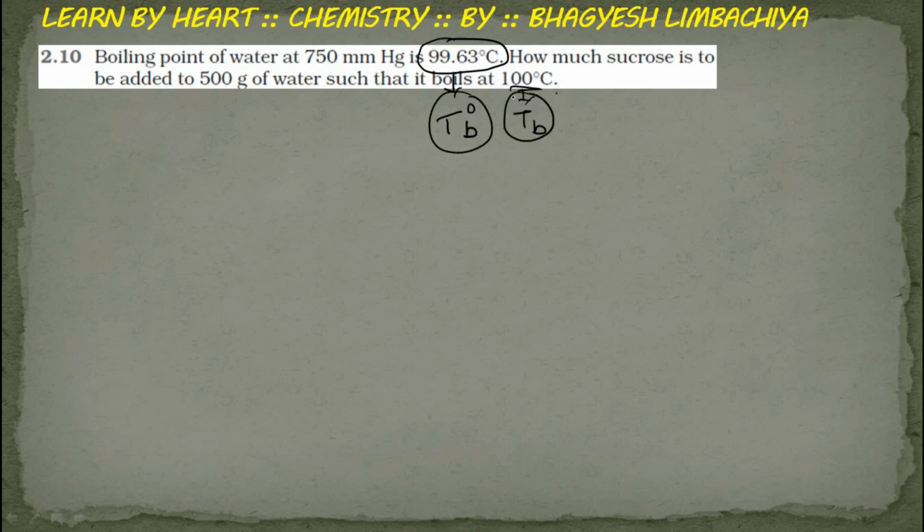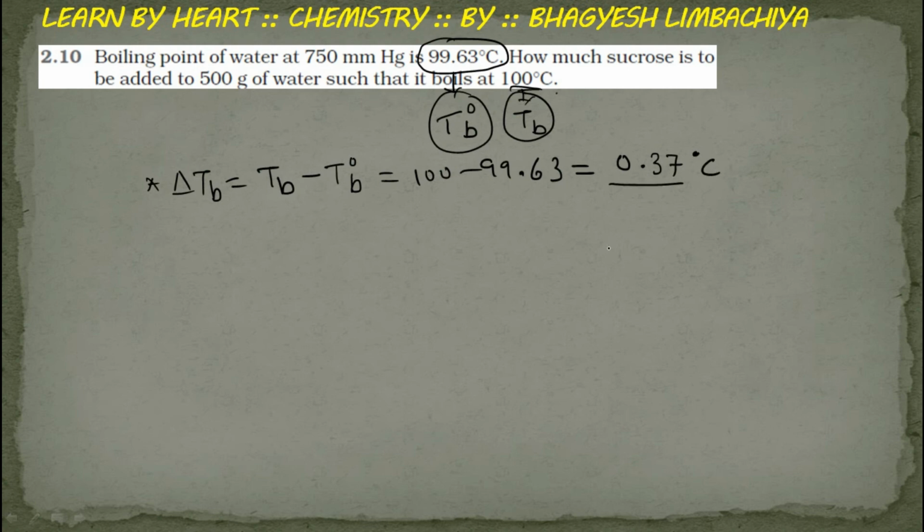So both are known for us. So delta TB is the boiling point of solution minus the boiling point of pure solvent. So 100 minus 99.63, it is 0.37 degrees Celsius.